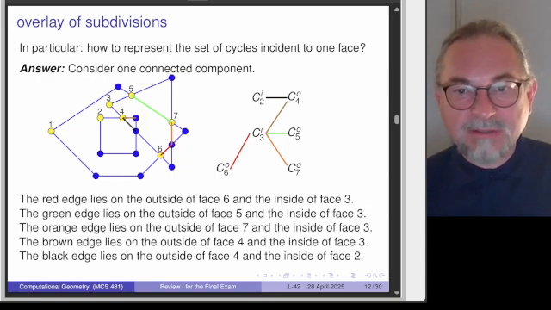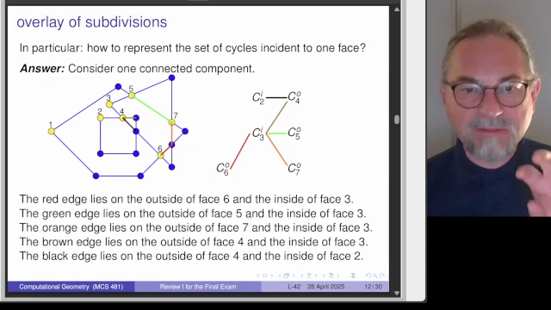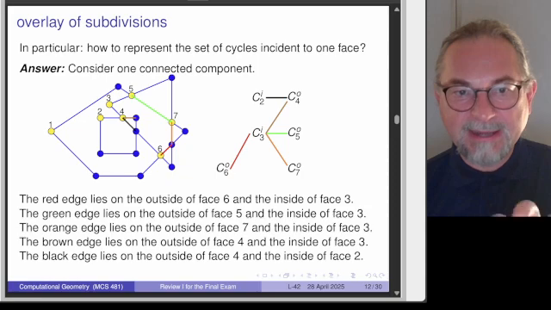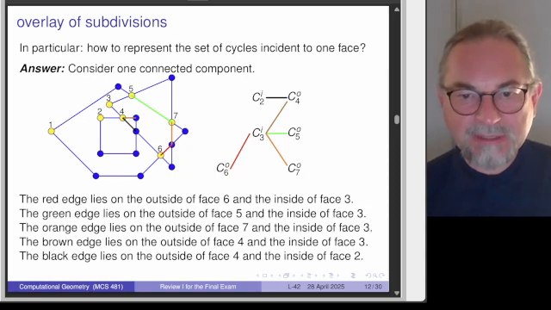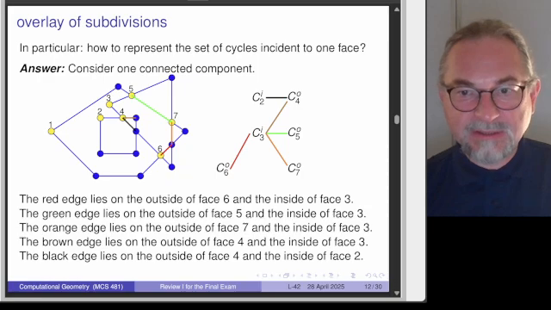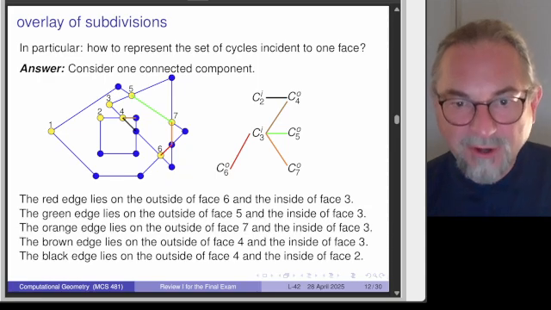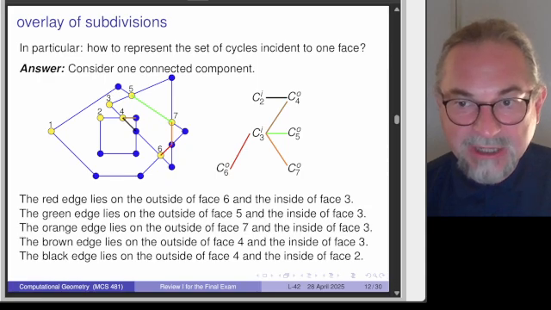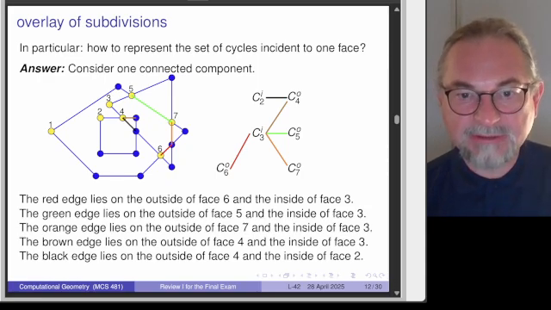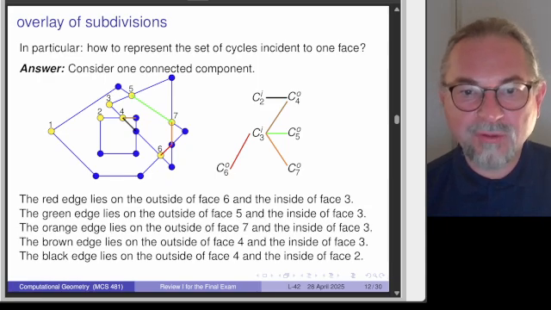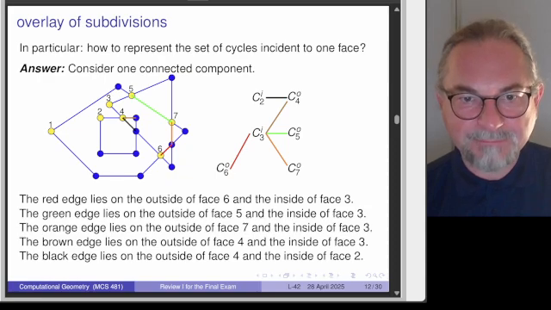So all the cycles incident to one face. Here we are actually looking at face 3, which contains 3 edges that are on the outside of faces 4, 5, and 7. And the face 3 shares an outside edge with the face 6.